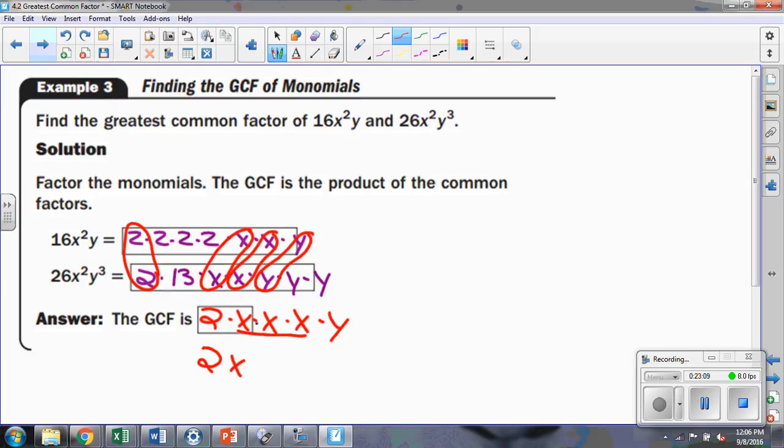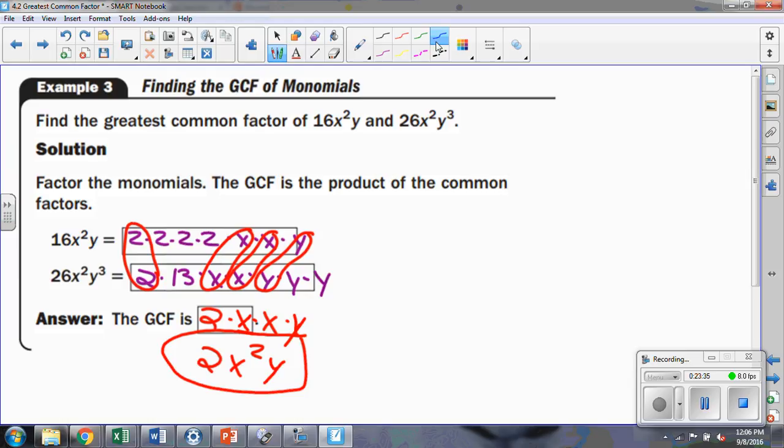I'm sorry, I'd written down too many of them. There were only 2 x's in common. I wrote down 3. Yeah, don't let me get away with that. Okay, so they had 2 x's in common, 1 y in common, and so we have 2x squared y. This is the preferred format for the greatest common factor, where we actually do use the exponents.